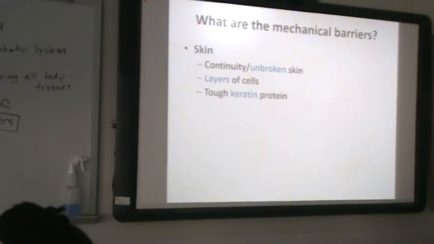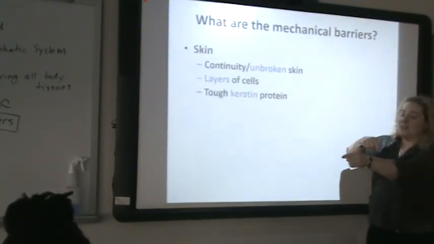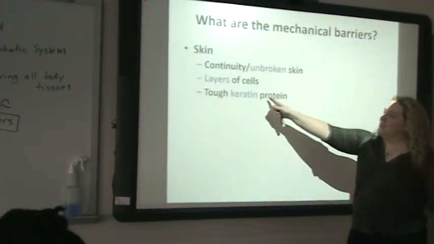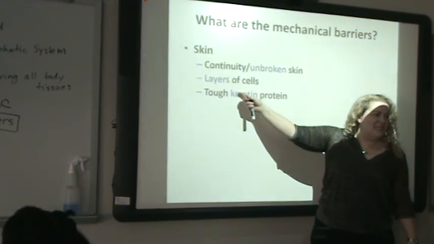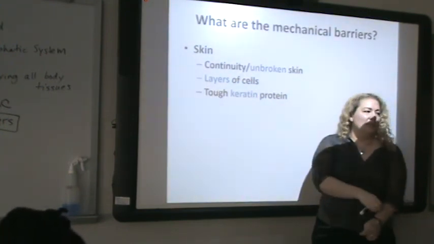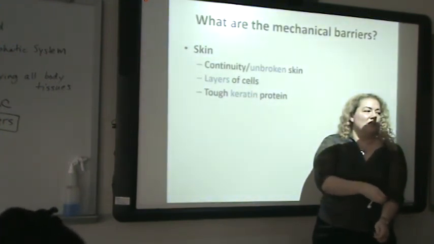Think back to your depth of skin, how many layers of cells there are. Stratified squamous epithelium, layers and layers and layers. A lot of those layers are keratin, those dead cells. You can scratch, scratch, scratch, and it stays intact.